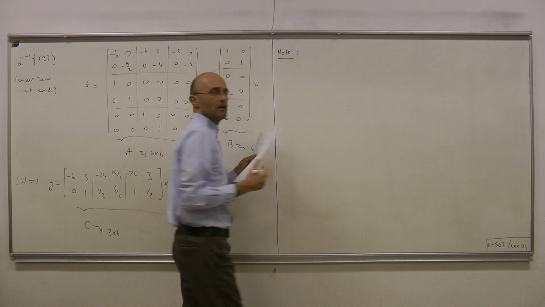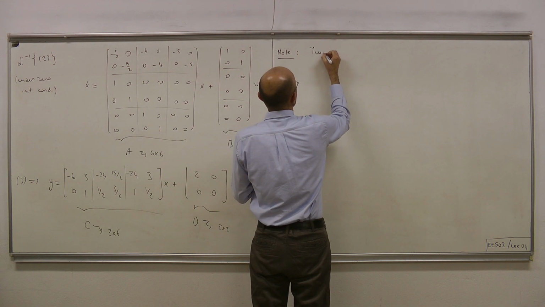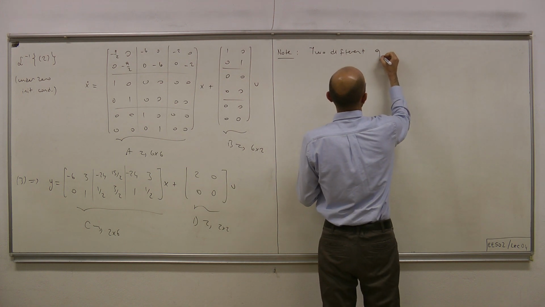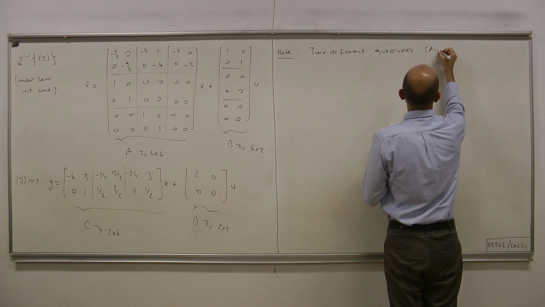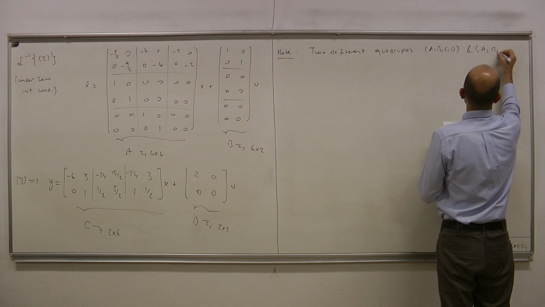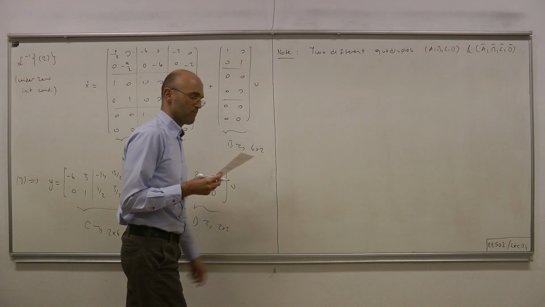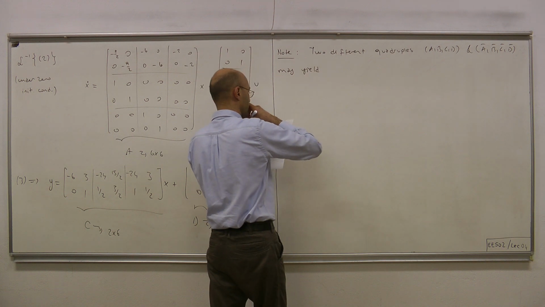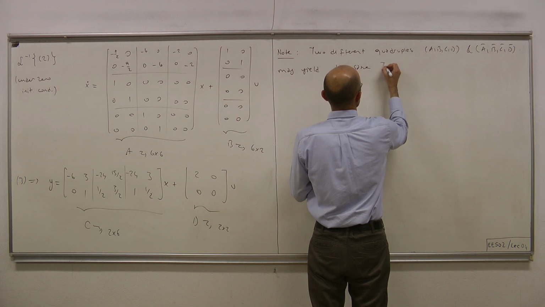So first, let us put our observation down. Two different representations A, B, C, D, the first one, and the second one, let's call them A bar, B bar, C bar, and D bar, may yield the same transfer function.